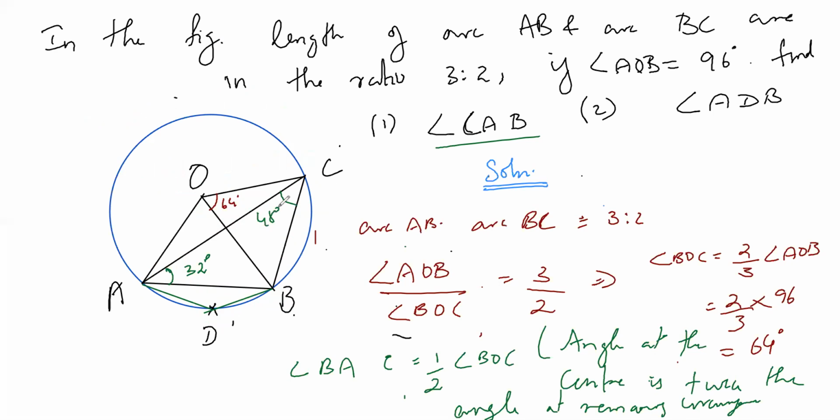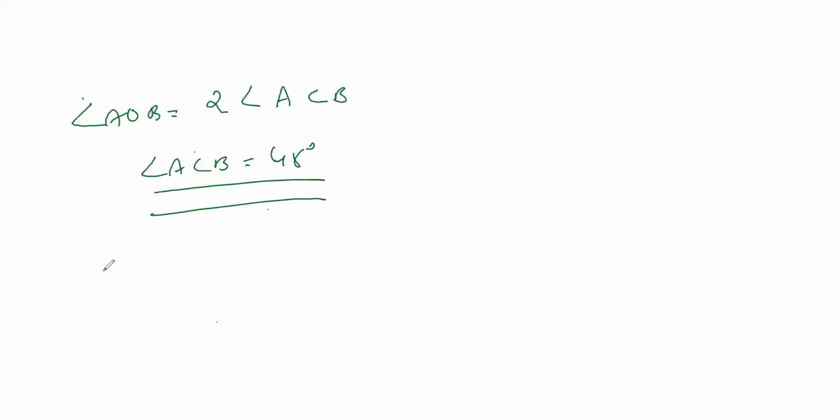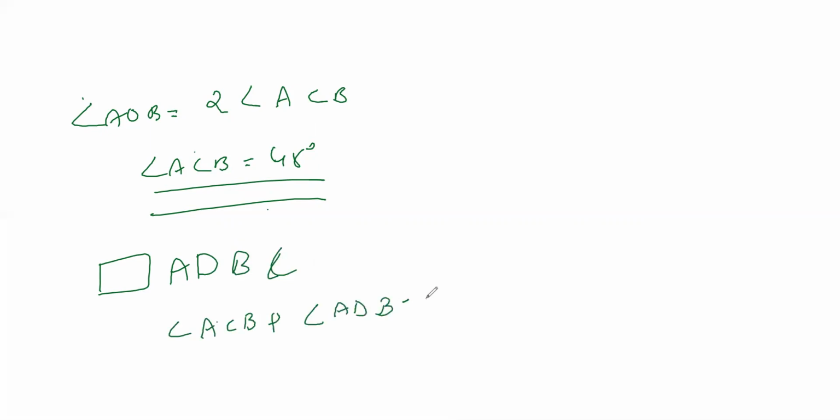If I take quadrilateral ADBC, angle ACB and angle ADB is equal to 180 degrees. Opposite angles of a quadrilateral are supplementary. So angle ADB is equal to 180 minus 48, that is equal to 132 degrees.